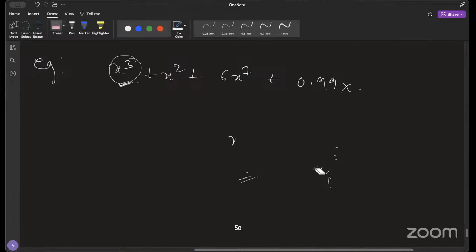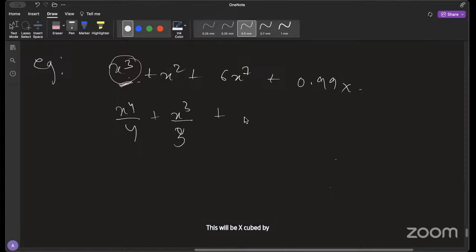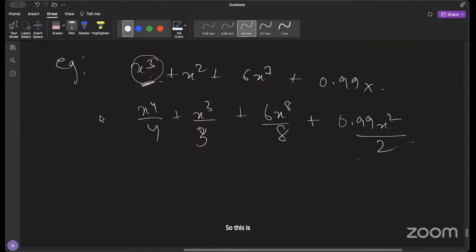So we have this identity for integrals. This will be x to the power 4 by 4. This will be x cubed by 3. This will be 6x to the power 8 by 8 plus 0.99 x squared by 2. So this is capital F(x) and this is small f(x).